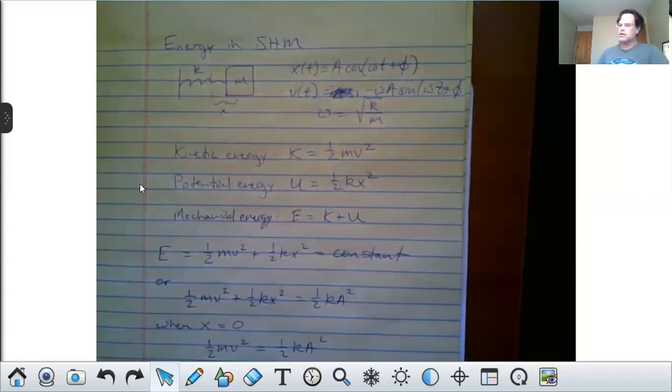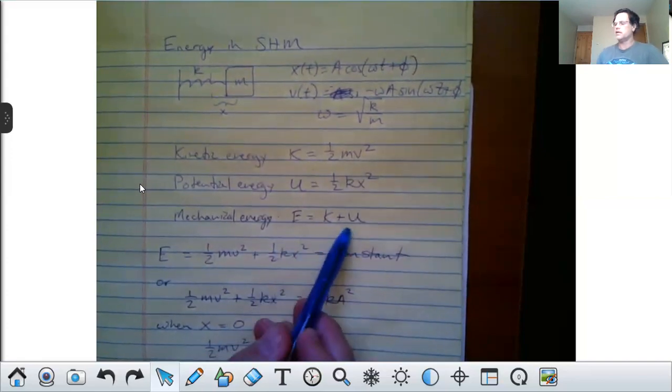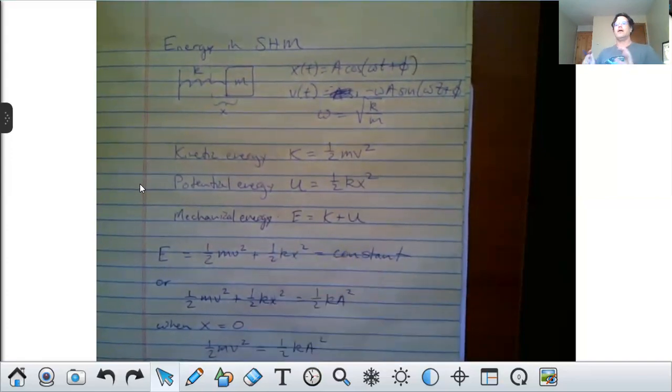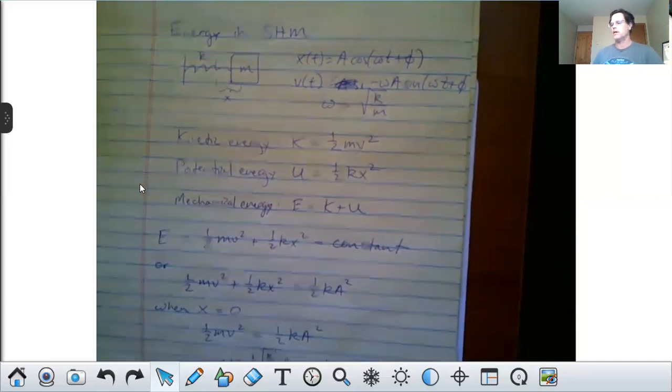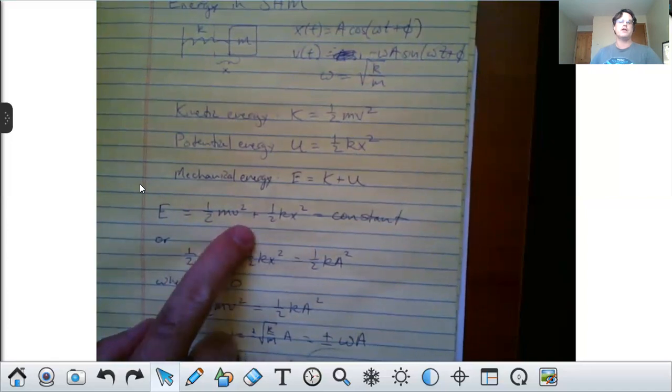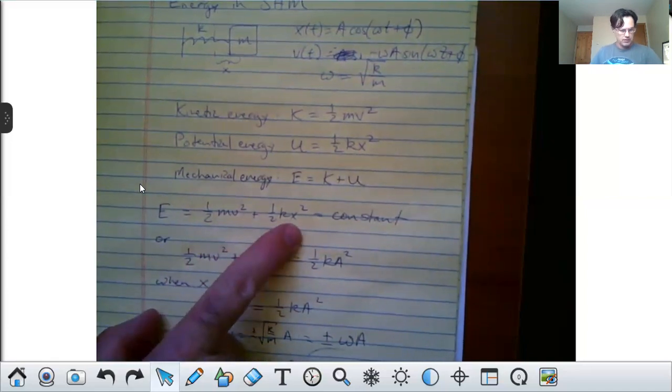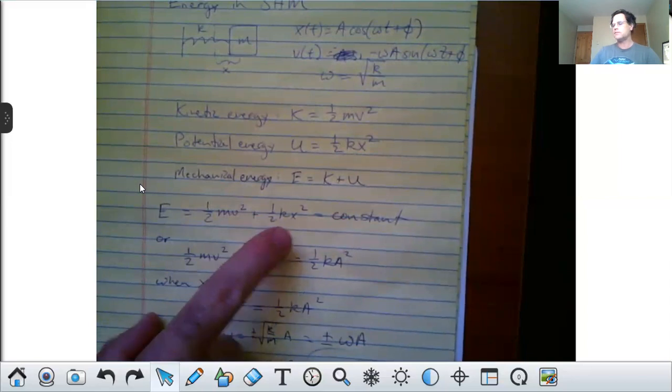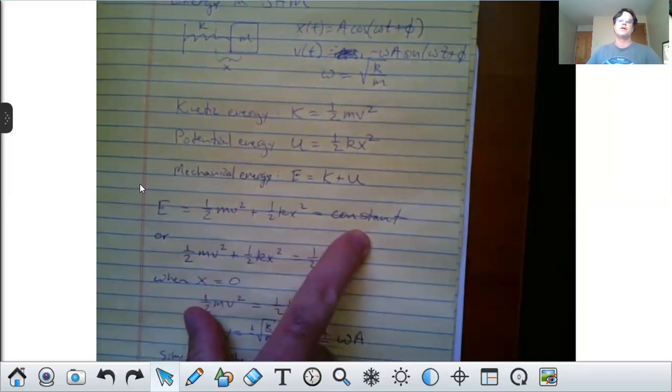The total mechanical energy, E, is the kinetic plus the potential. Now, if you don't have any friction or any other forces pushing on the spring, you should find that energy is conserved. And by that, I mean the total mechanical energy, 1/2 mv squared plus 1/2 kx squared, kinetic plus potential, is constant. It doesn't change.